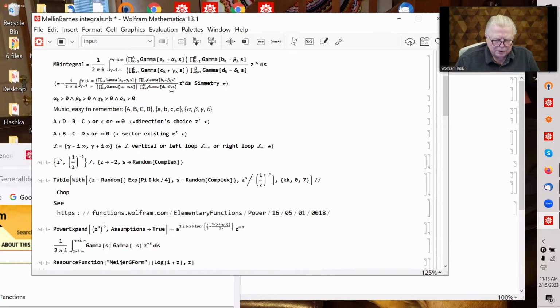This A, B, C, D, we should build values like how many here gamma function, how many here, and together A plus D, and the same B plus C. And these characteristics is very important, as I tell below, for choosing direction.